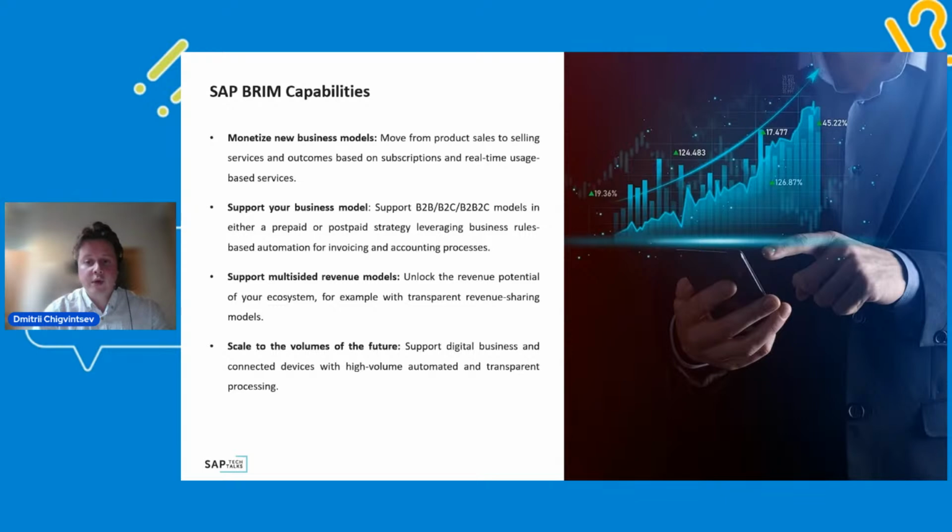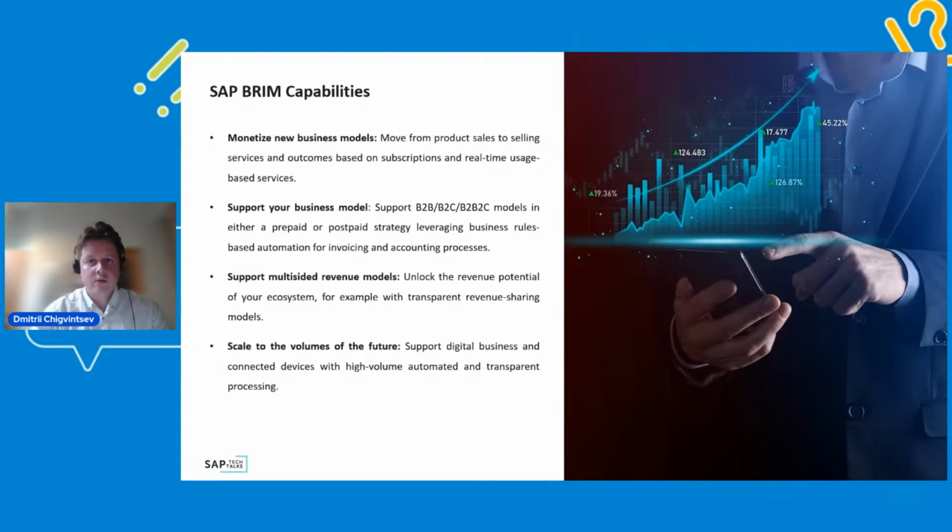Using BRIM, you can share revenues with the partners of your business network, and BRIM automatically calculates these partners' share. Finally, using the BRIM solution, we can streamline high-volume revenue management processes, because as we already discussed before, systems built for traditional processes sometimes just can't handle such a big amount of data.